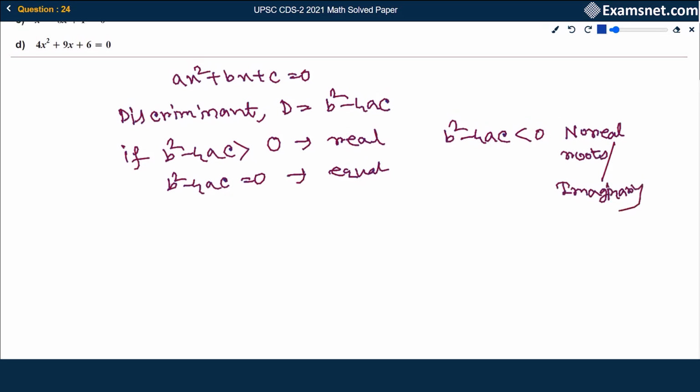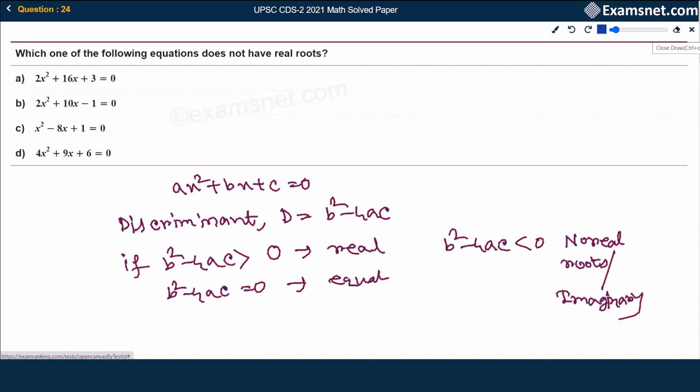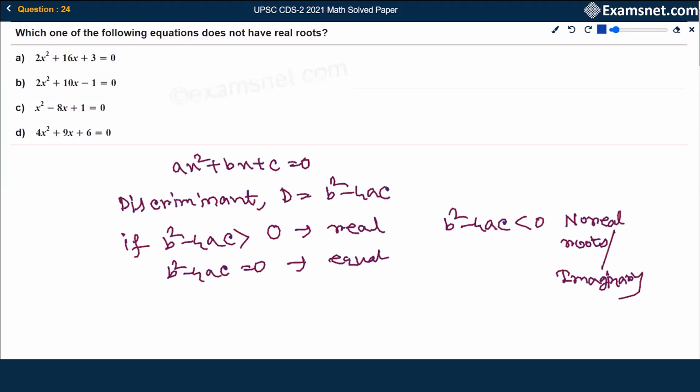Okay, so in this question, we have to check which equation doesn't have any real roots. So we will check whether the discriminant is less than 0 or not.